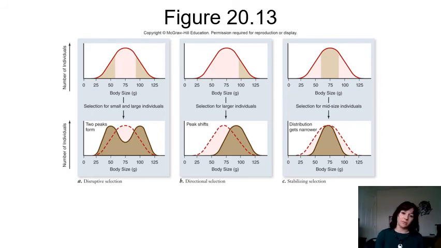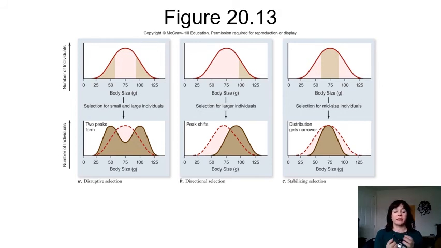You don't want to be too small because then you aren't strong enough to get resources or to be attractive to mates. And so there's going to be an optimal body size that over time is going to be selected for, in this case, about 75 grams. So that's stabilizing. You're stabilizing, narrowing in on one body size that is best.